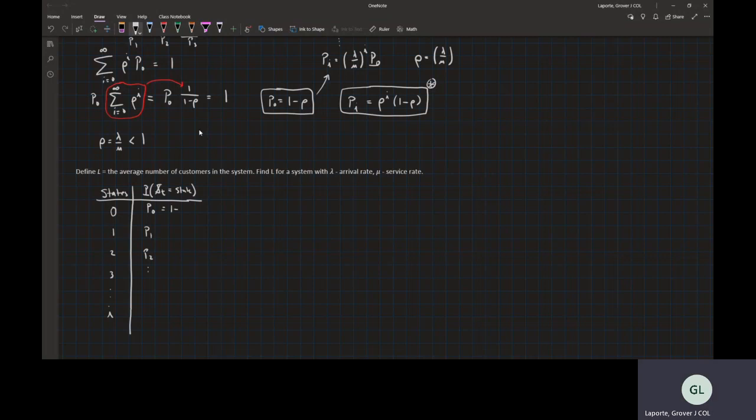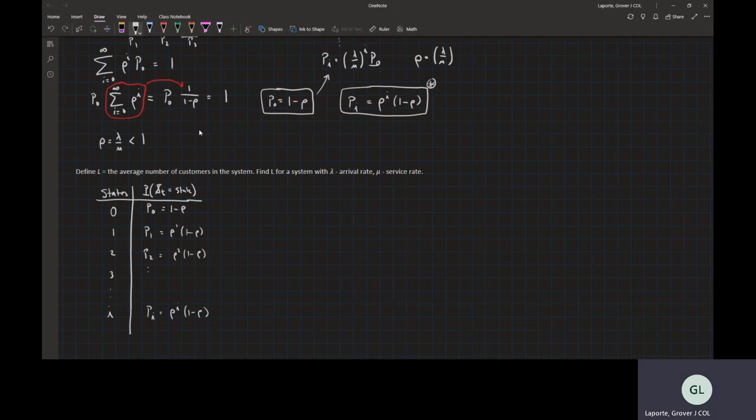I told you I was going to call it rho. This one would be rho to the first, 1 minus rho. Rho to the second, 1 minus rho. And if you go to the ith power, P sub i is equal to rho to the ith, 1 minus rho.